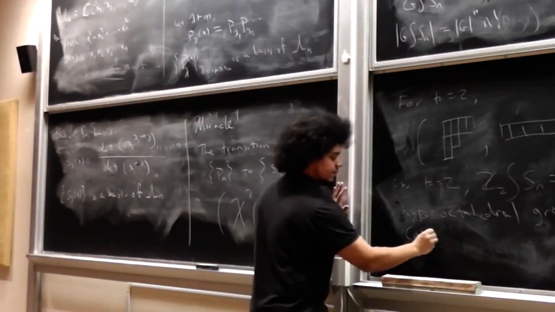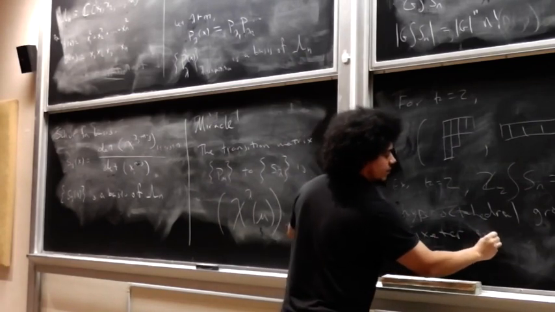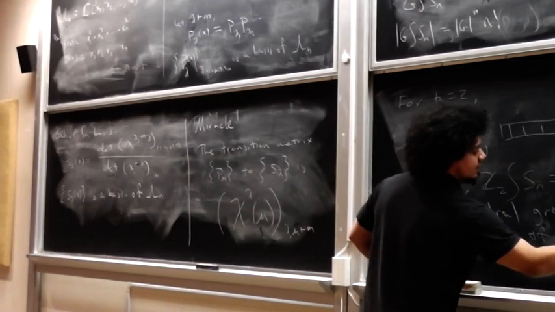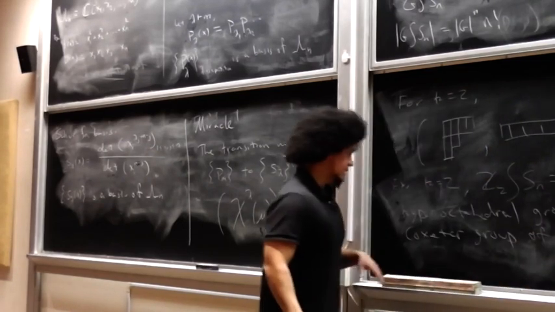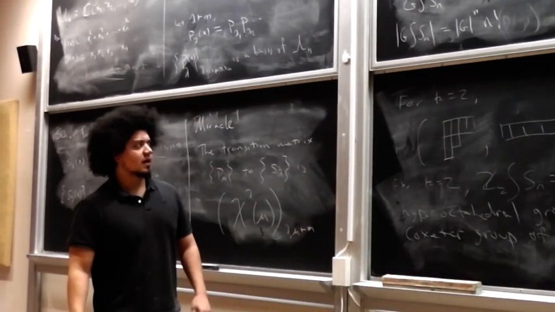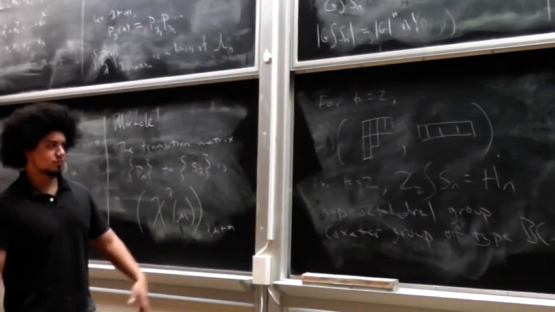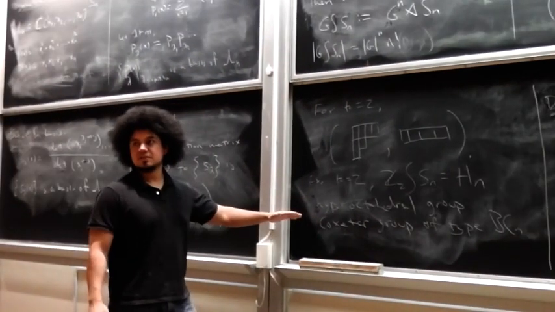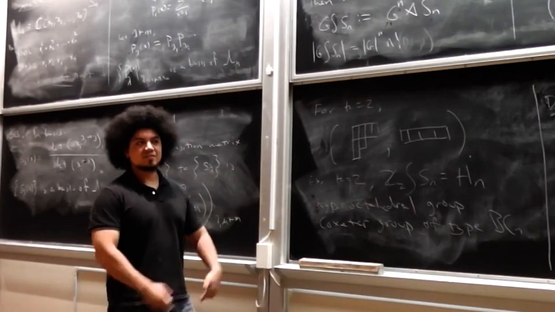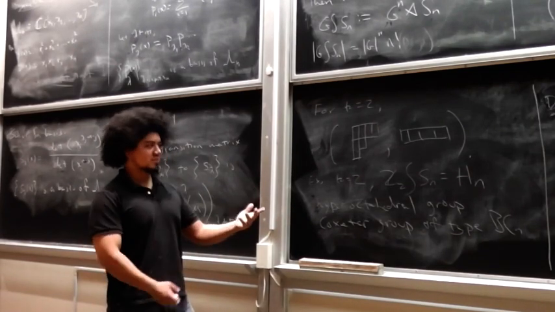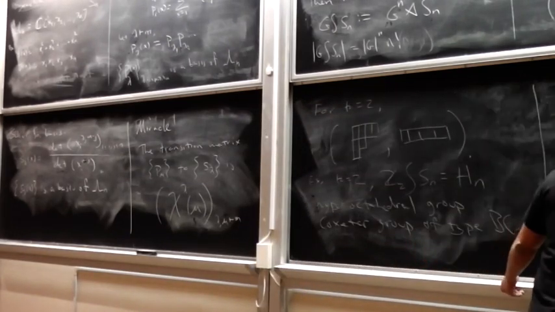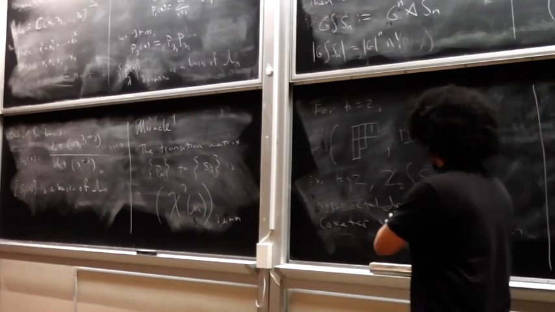It's a Coxeter group of type B_n, related to the odd special orthogonal groups. So this is another reason. In fact, this was the original motivation. After the symmetric group, this is the second most important.